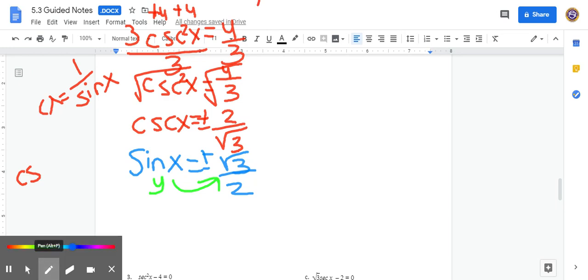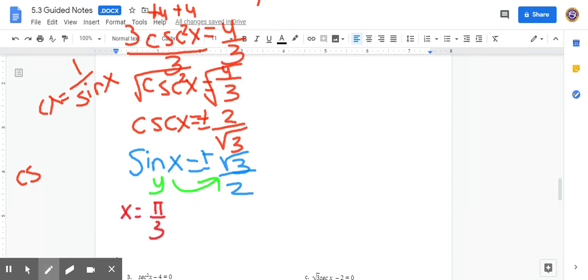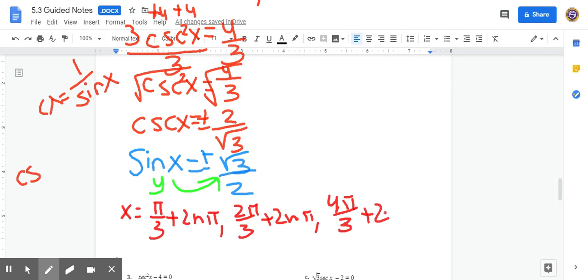So our final step would be to write x equals pi over 3 plus 2n pi, 2 pi over 3 plus 2n pi, 4 pi over 3 plus 2n pi, and 5 pi over 3 plus 2n pi.